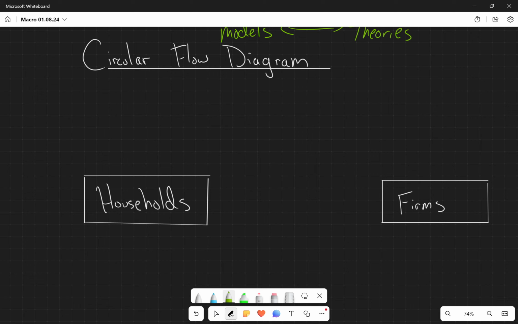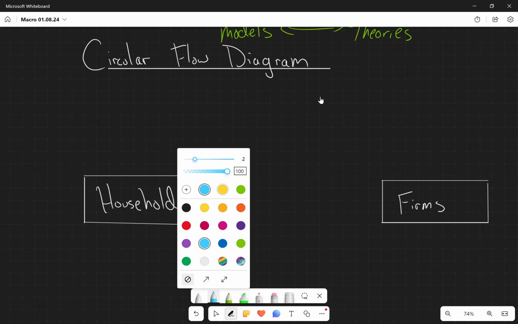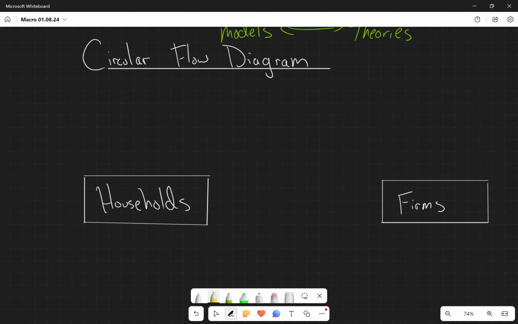So the first linkage that we're going to talk about is the one that we are most used to, right? How do we usually interface with a firm? We usually buy things from a firm. So this is going to be goods and services.